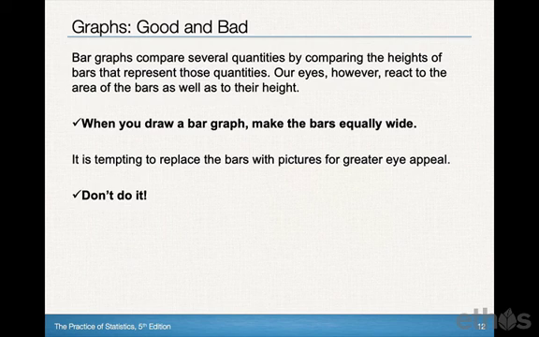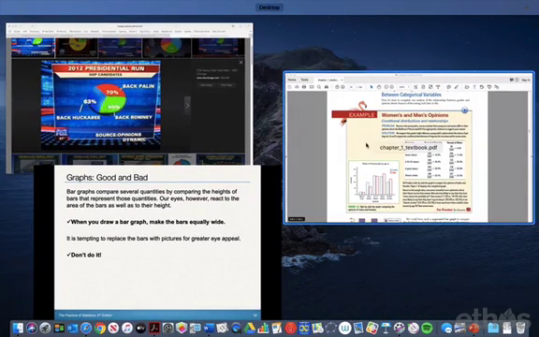Don't use little images for pictures because, again, you're not representing the area, the proportionality of the percentage or count of items in one category versus the other. There are media outlets that are famous for this, and some good examples in the textbook for using pictographs, and so we will not be using pictographs here.